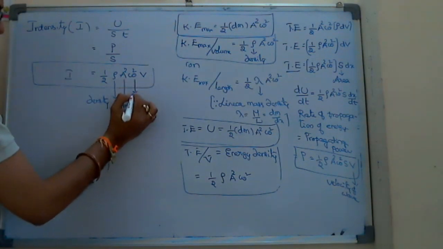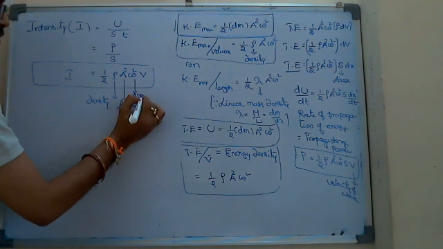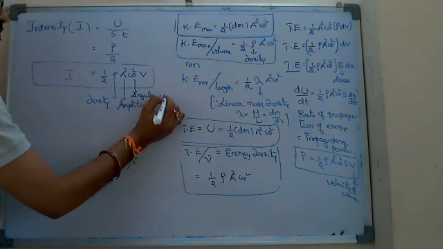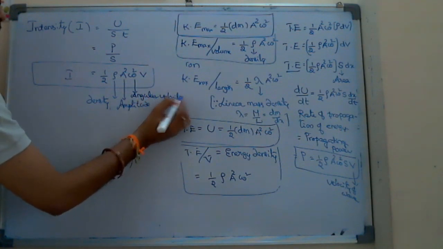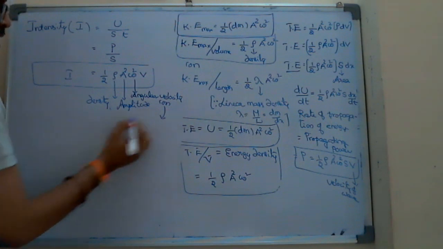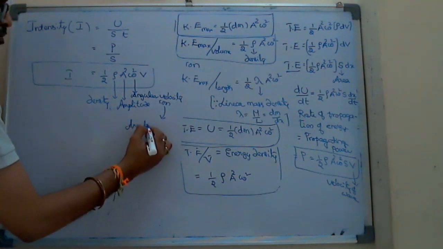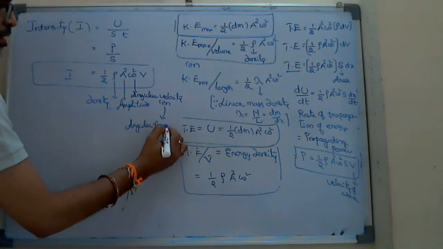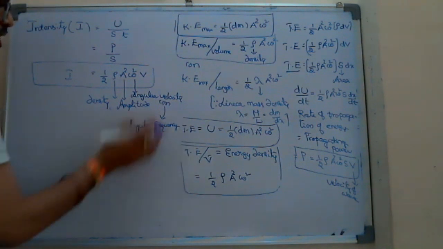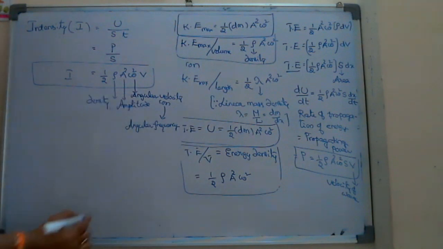Omega, I think you know, is called angular velocity, or other name for it is angular frequency. They may call it in numericals either angular velocity or angular frequency.